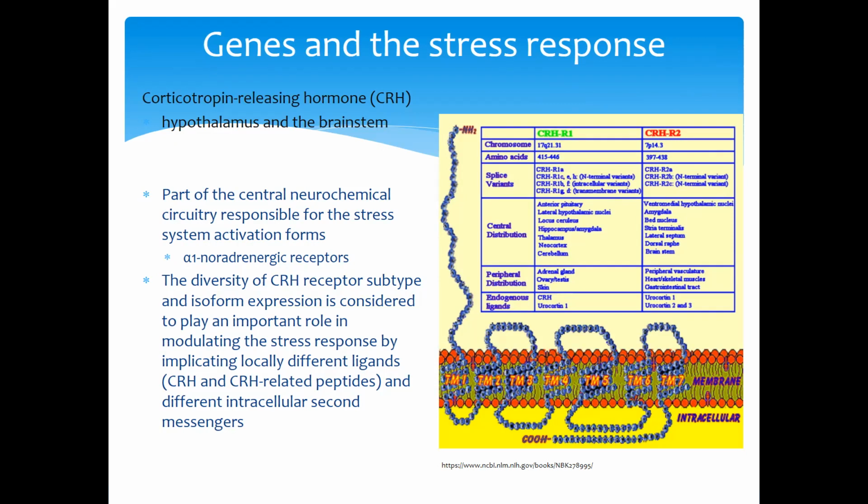Bottom line, when my corticotropin releasing hormone gets let loose out of my hypothalamus, it sets off a cascade for other hormones and chemicals to be released that trigger other inflammatory processes. And now it starts. Bottom line, this is a chemically mediated process.